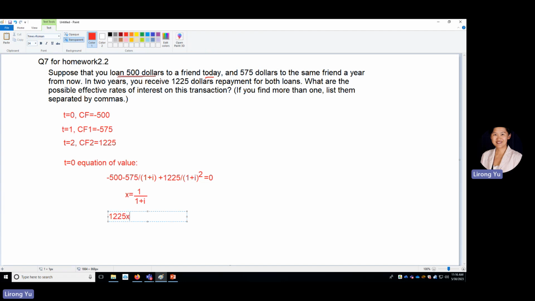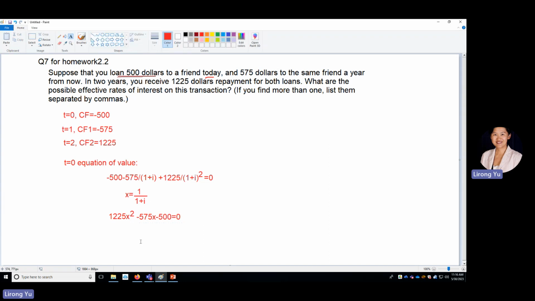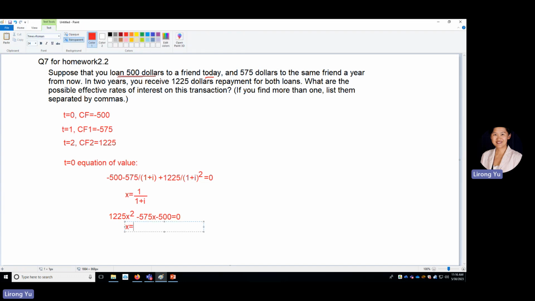So 1225x to the power 2, minus 575 times x, minus 500 equal to 0. Try to rewrite it into a degree 2 equation and solve for x. You can solve this with the quadratic formula. There will be 2 solutions, and we take the positive solution because the discount factor can only be positive. If it's negative, that will be wrong.